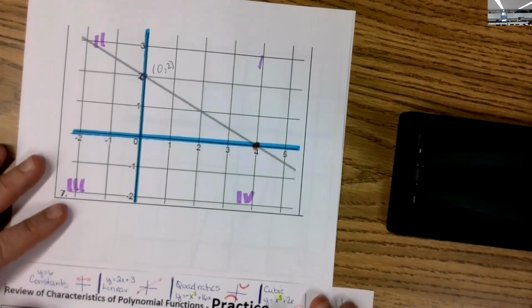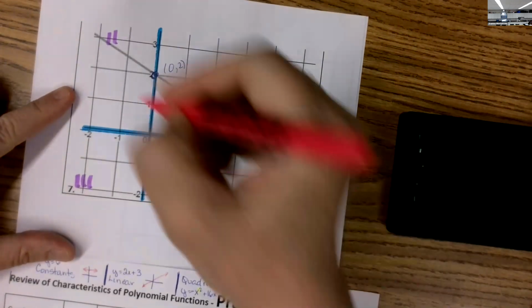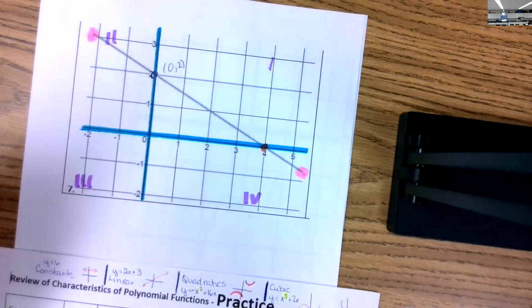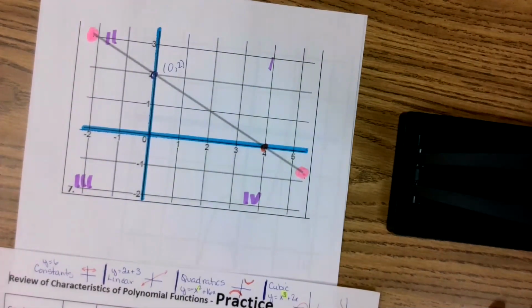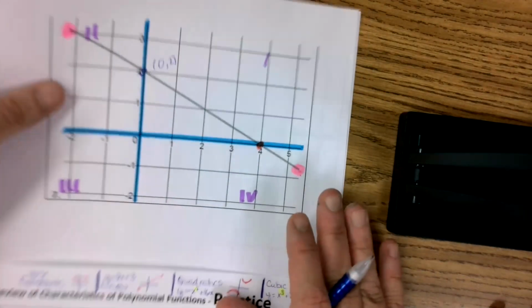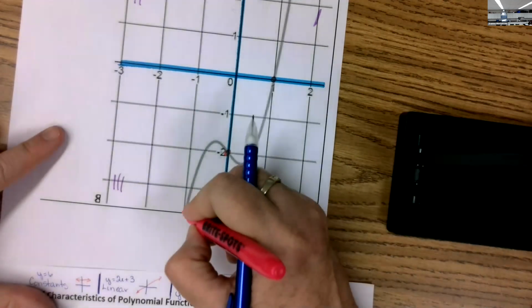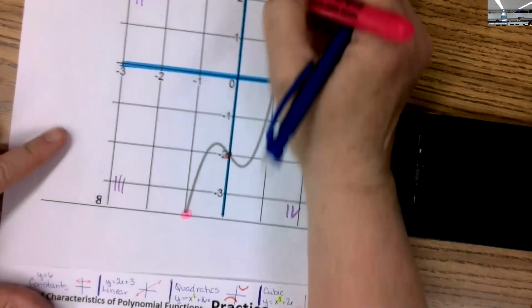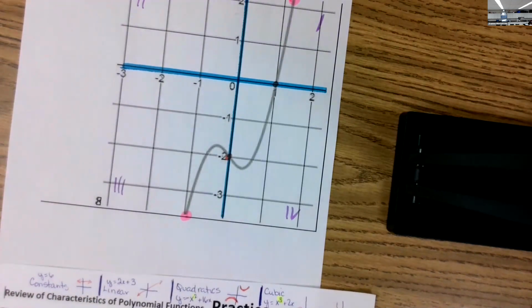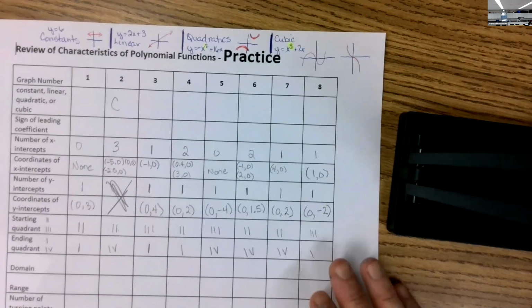Clarissa, how about this one? 2 and 4. Nice. Sammy, last one. Cool. See, that wasn't quite so painful. All right, so that's what you should have.